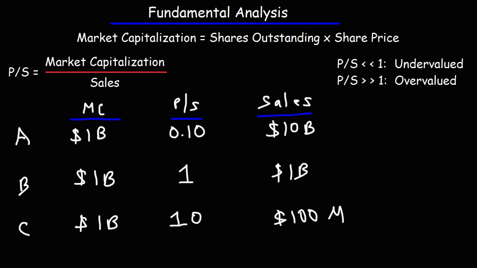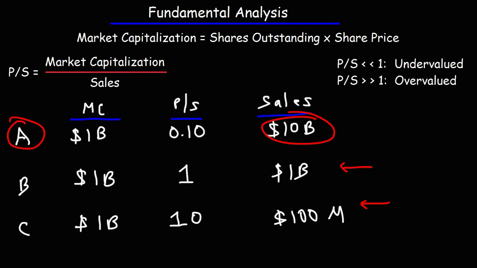So which of these three companies appear to be more valuable to you? Company A, B, or C, given that they have the same market capitalization? Clearly, the answer is Company A. Assuming that everything else is equal, Company A is generating the highest sales. 10 billion versus 1 billion or 100 million.